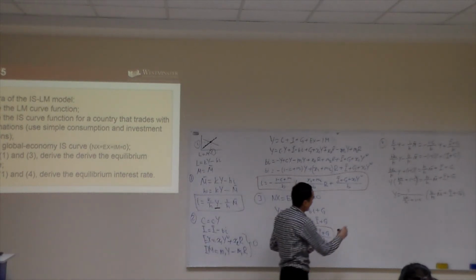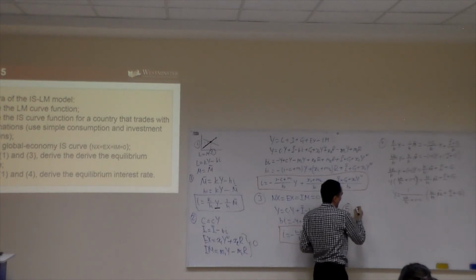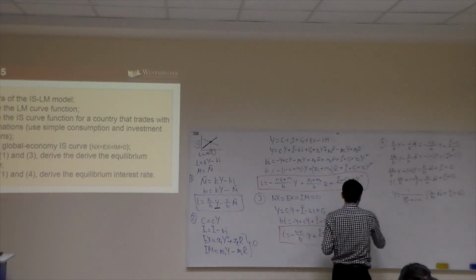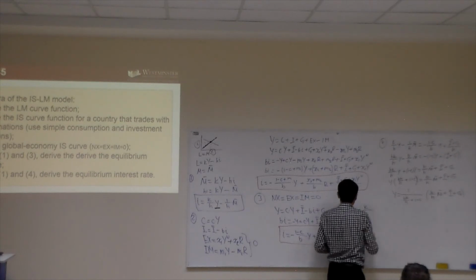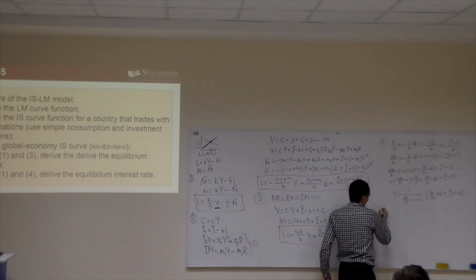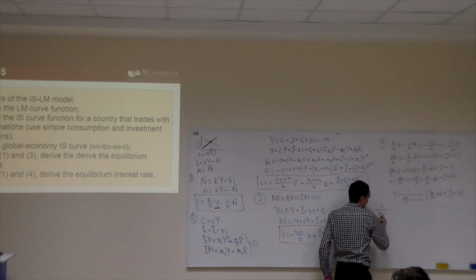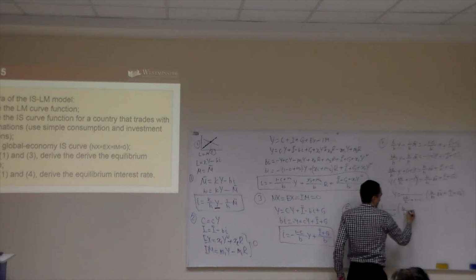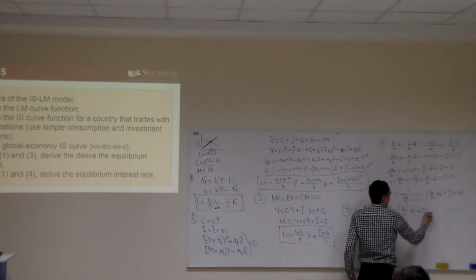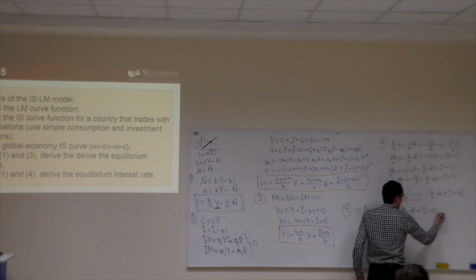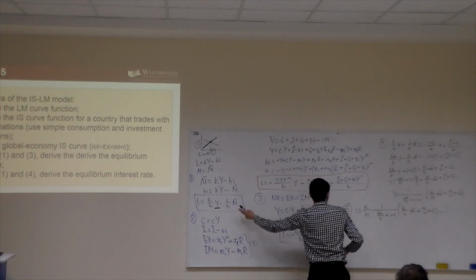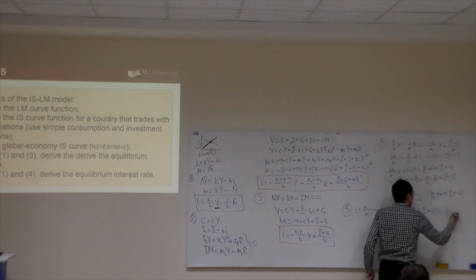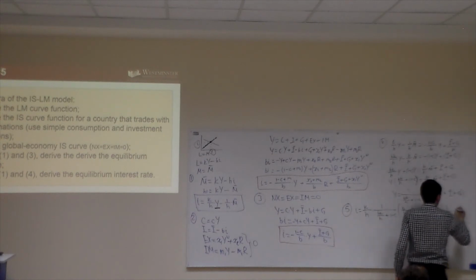So our interest rate is equal to K over H times Y, which we already found, 1 over BK over H plus 1 minus C times B over H times minus money supply plus I hat plus G, minus this factor 1 over H times money supply.